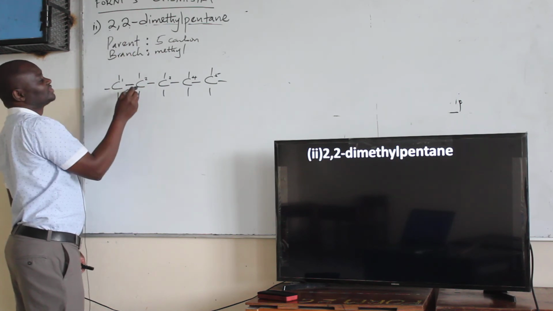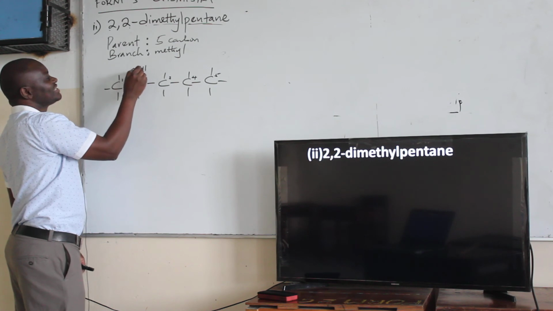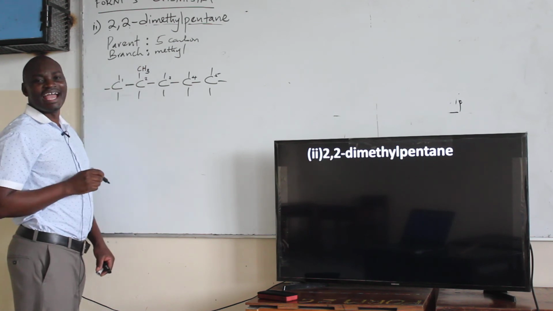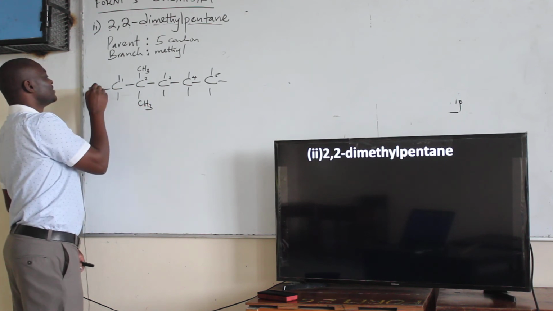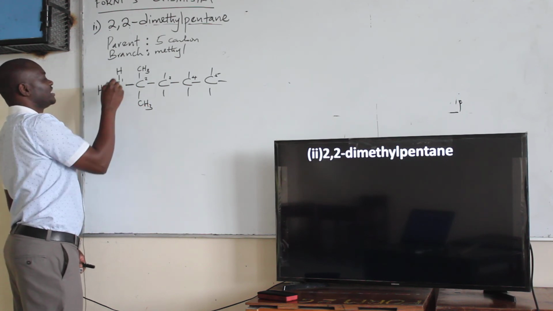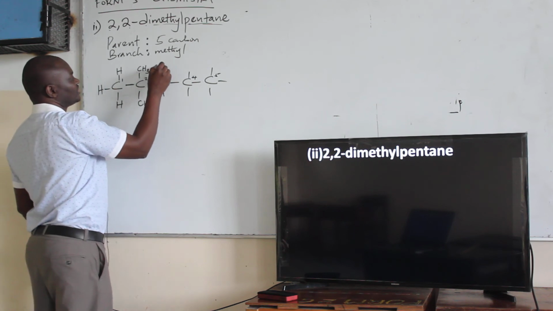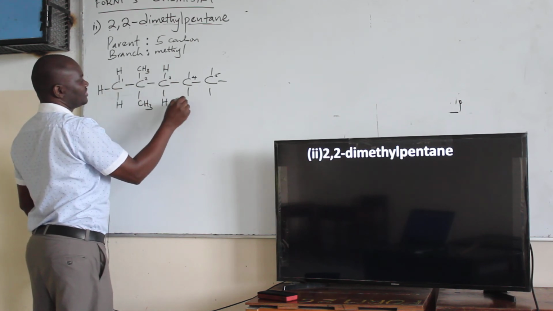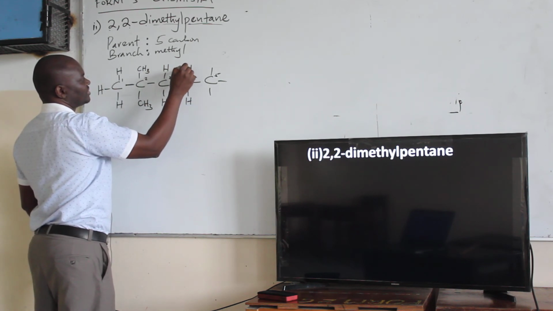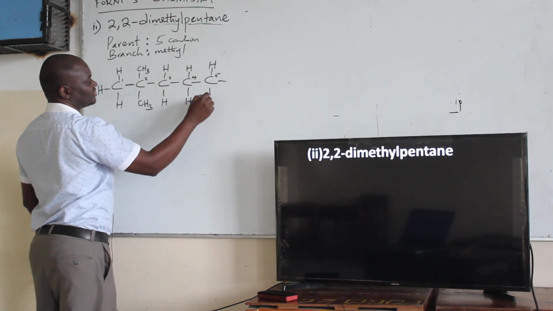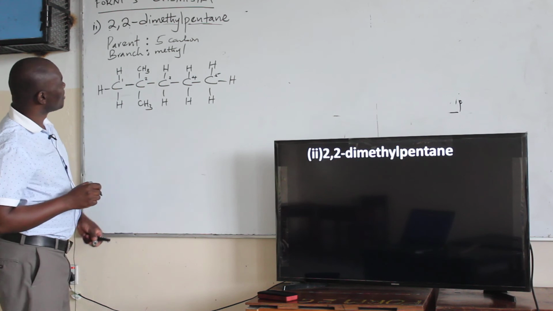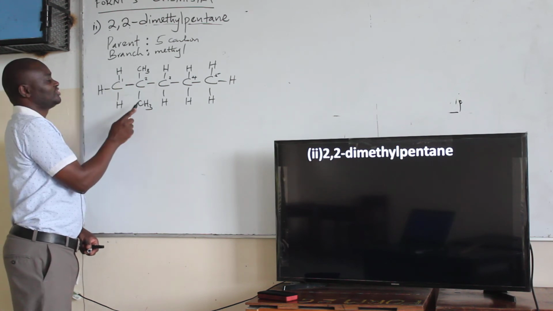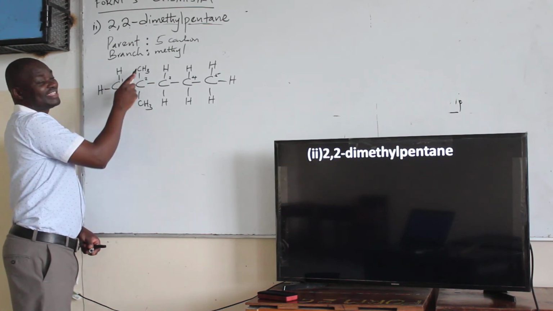So the first one is there, and the second one is also. Then we slot in the hydrogens. So this is 2,2-dimethylpentane.